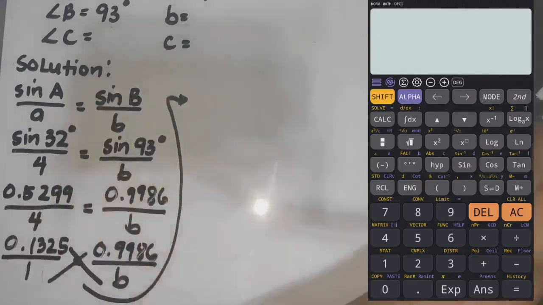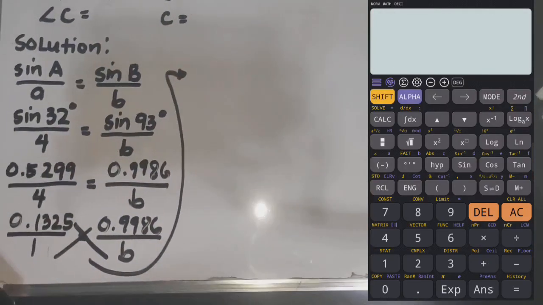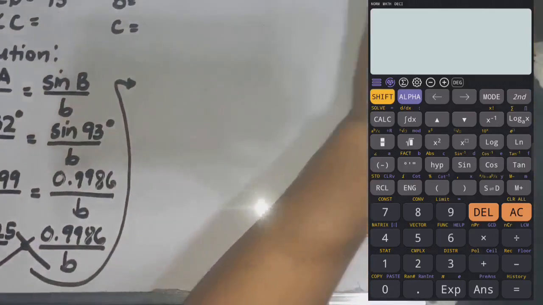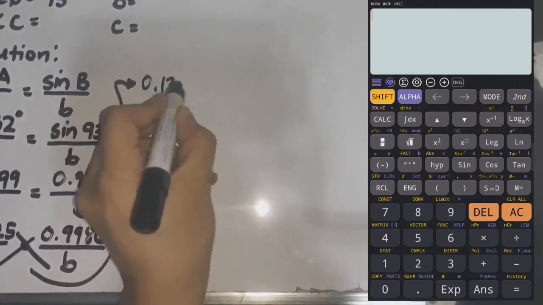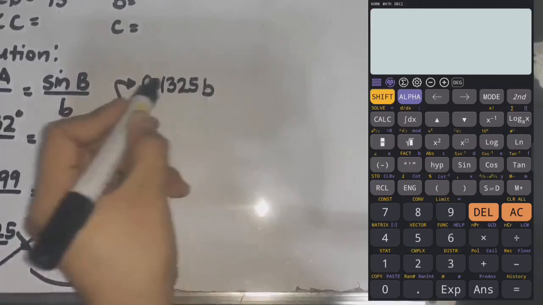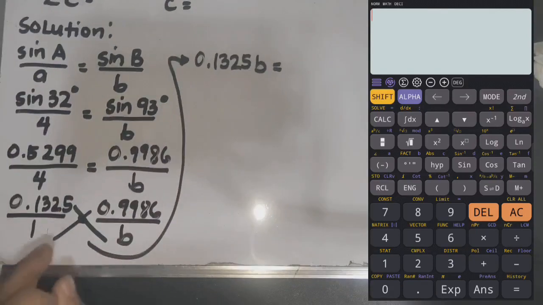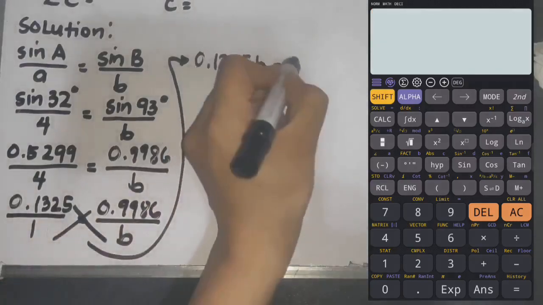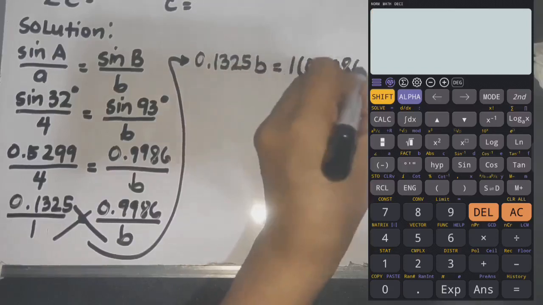Next natin is to cross multiply. So we have yung atin kaninang value 0.1325 times B. So yung ilalagay natin dito 0.1325 times B equals, then yung pagka-partner natin kanina 1 times 0.9986 is 1 times 0.9986.